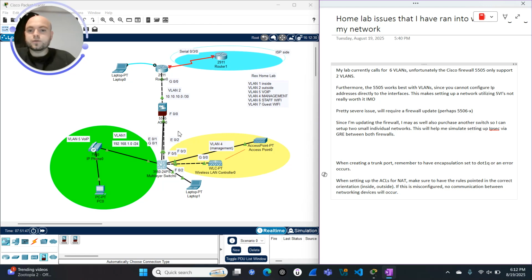So unfortunately, with this setup, with only two VLANs supported, what I'm going to do in Cisco Packet Tracer is delete the 5505 and put a 5506 in its place. I'll go ahead and configure that as well, with multiple VLAN support this time.